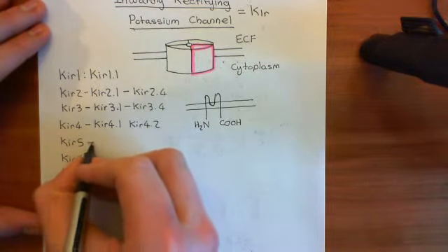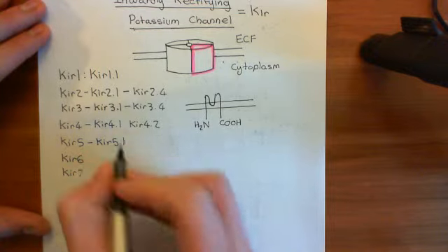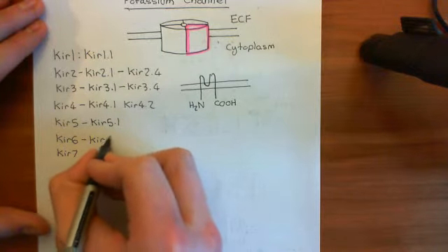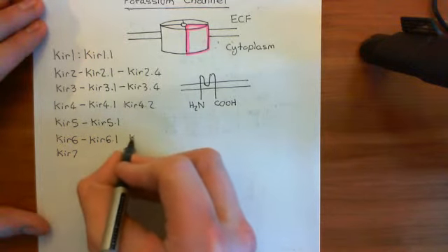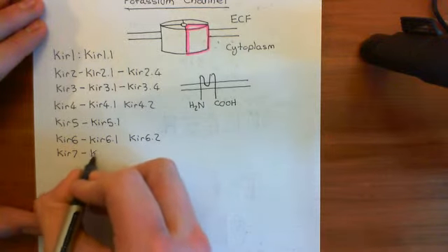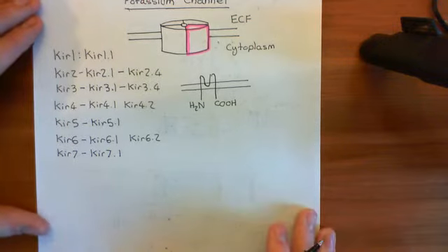KIR5 only contains 1 member, the KIR 5.1 subunit. KIR6 contains 2 members, KIR 6.1 and KIR 6.2. And then finally, KIR7 contains 1 member, which is KIR 7.1.